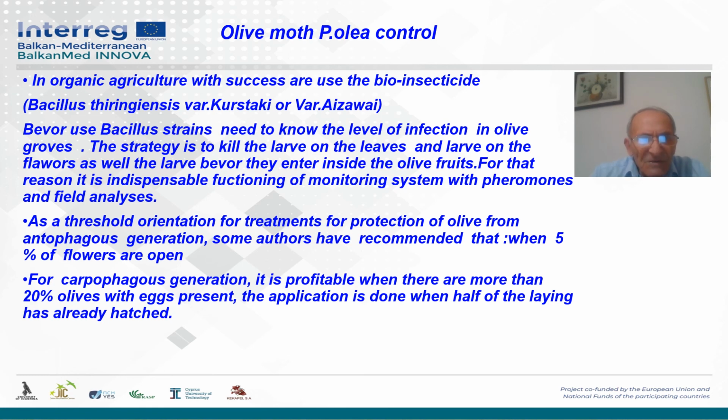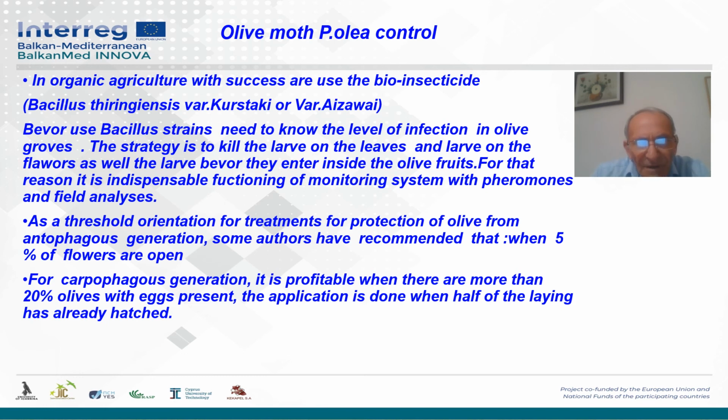The strategy is to kill the larvae on the leaves, the larvae on the flowers, as well as the larvae before they enter inside the fruits. For that reason, a functioning monitoring system with pheromones is indispensable.